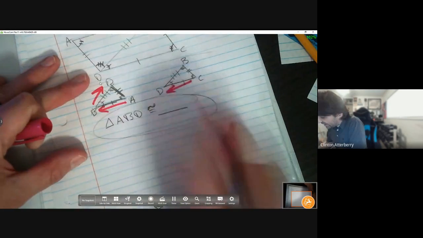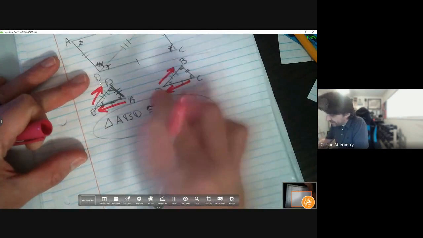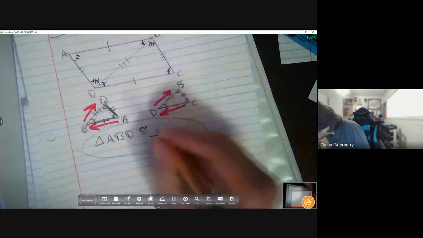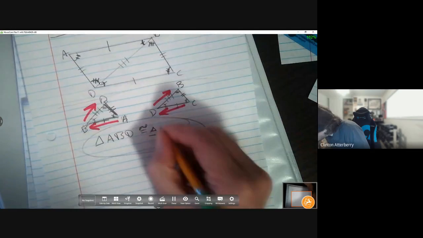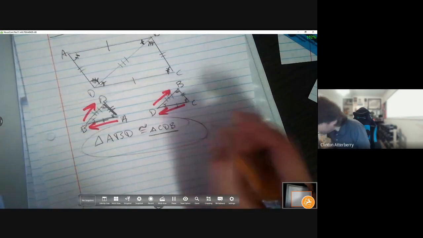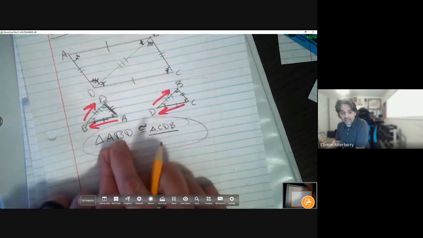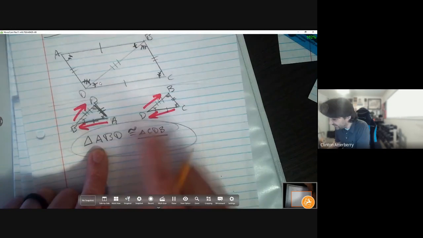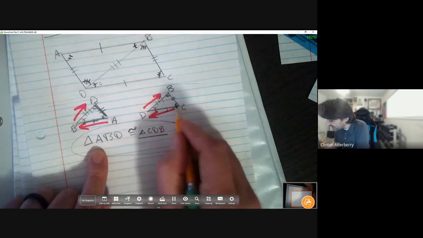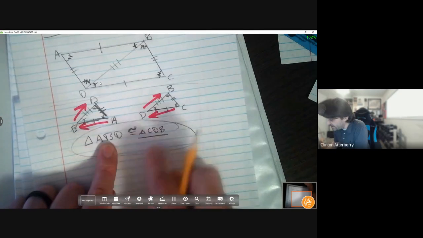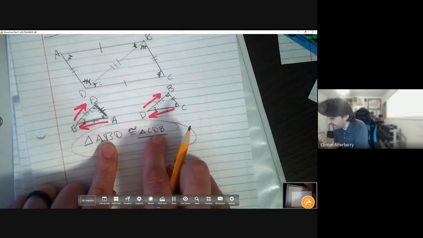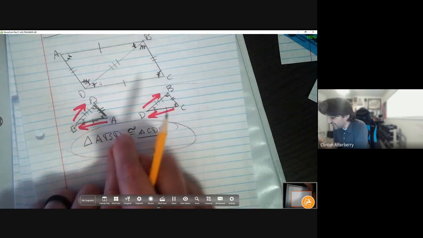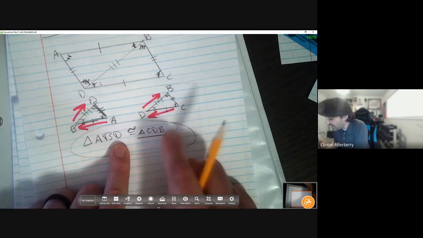So I'm going to label this triangle from C to D to B. C, D, B. So that says that the vertex point at A in its congruent triangle is the same as the vertex point C. And that the vertex point B in this congruent triangle would be vertex point D. And then last but not least, vertex point letter D is the same as vertex point B for this triangle.